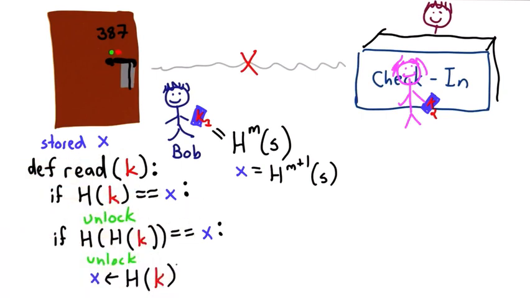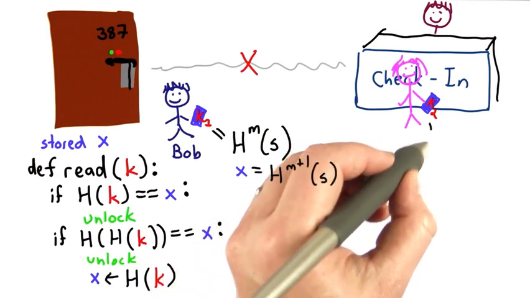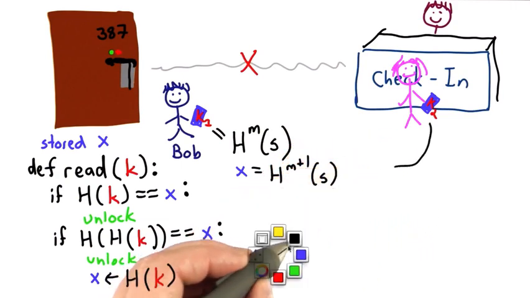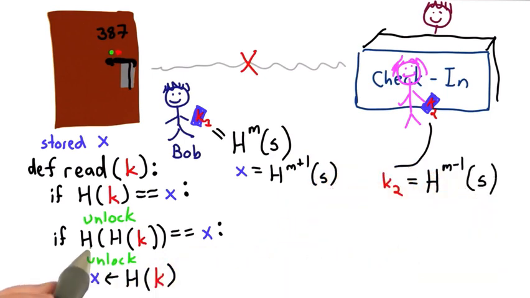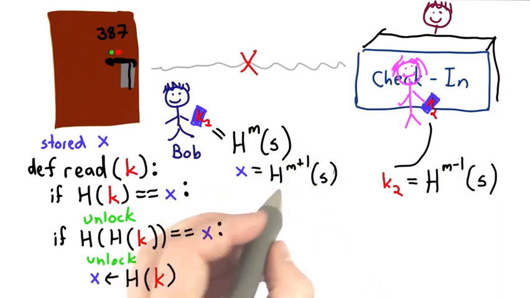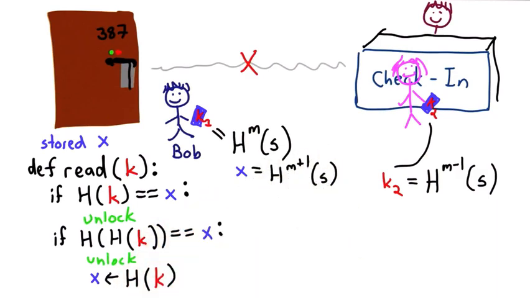Then when it comes time for Alice to open the door, Alice's key would have the value one fewer hash of s. That means the value of the hash of Alice's key is equal to the stored value, hashing m plus 1 times starting from s. And that means Alice would open the door. It would change the value of x, so now it no longer works for Bob. But the next person who enters, it will work, and then it will stop working for Alice.